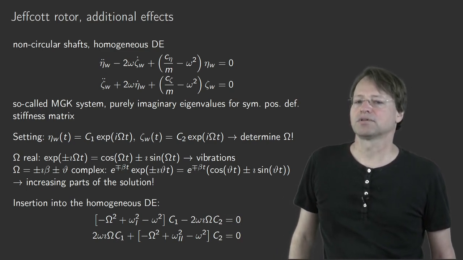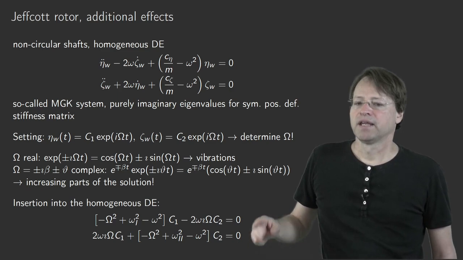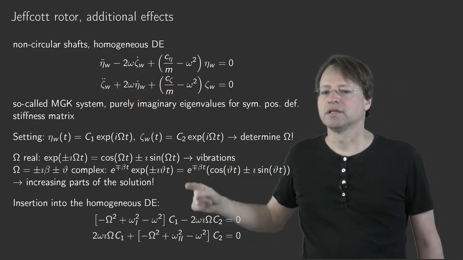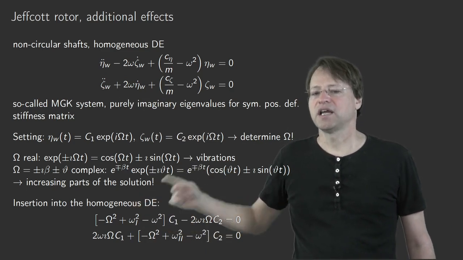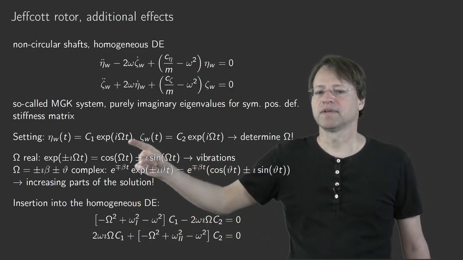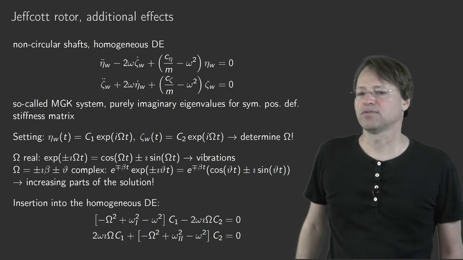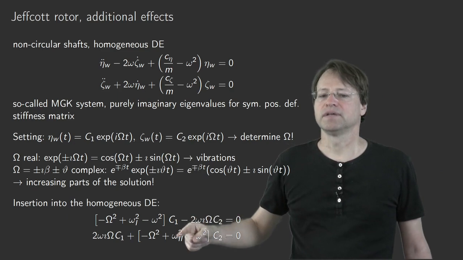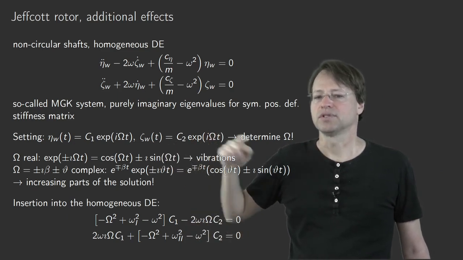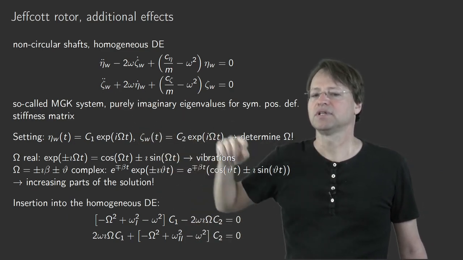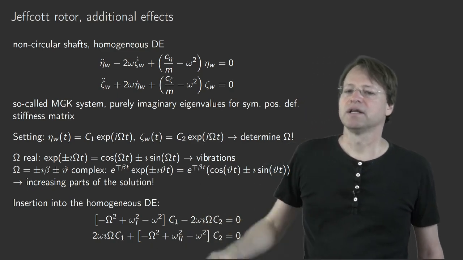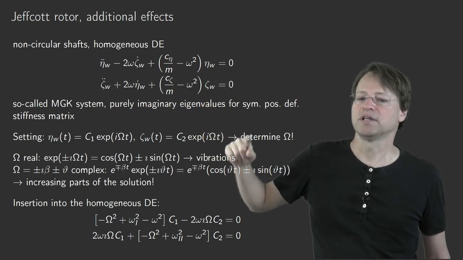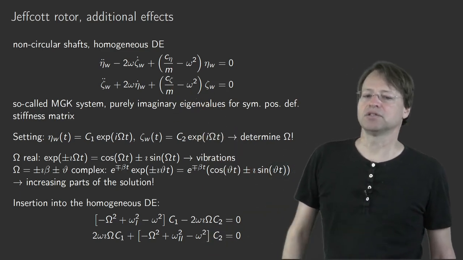Second equation works much the same way. We start here with the first order derivative to get 2 omega capital omega times C1 from taking the first derivative of eta. And for the second term here in C2, so for zeta, we take the second derivative leading to minus capital omega squared, and then we take the stiffness term as being omega 2 squared minus omega squared, and this is multiplied by C2.